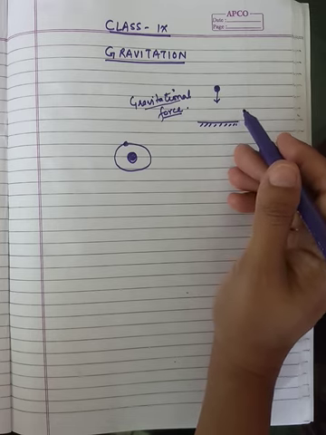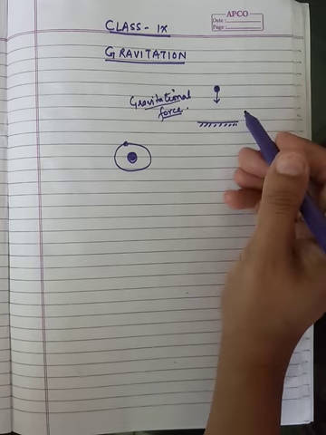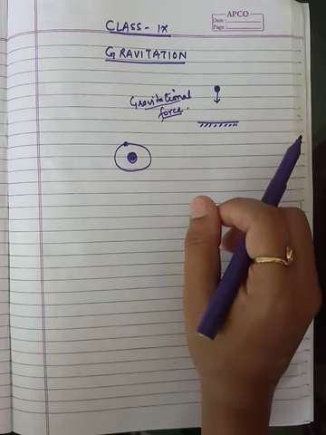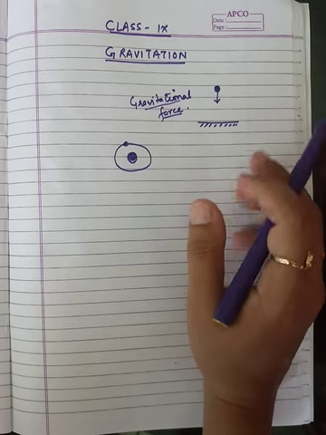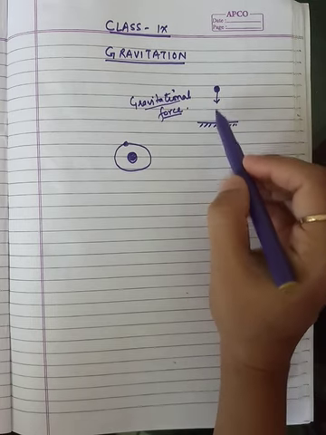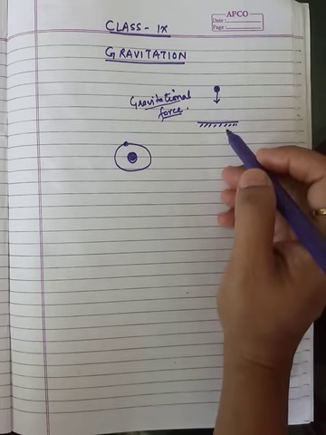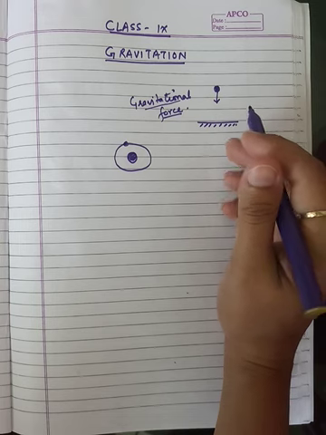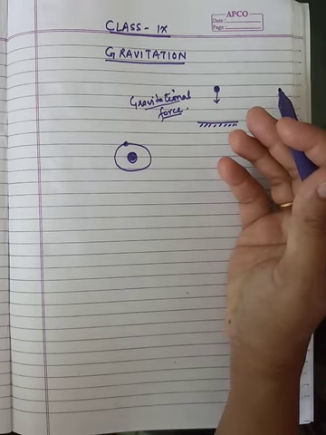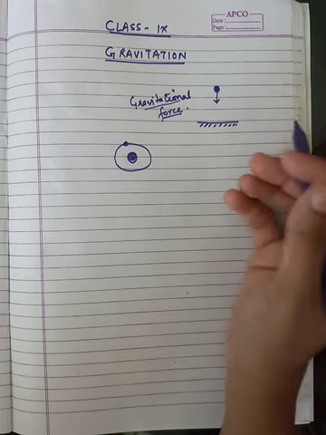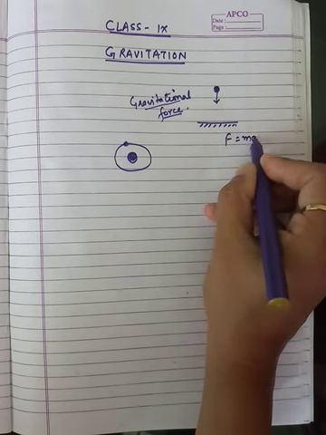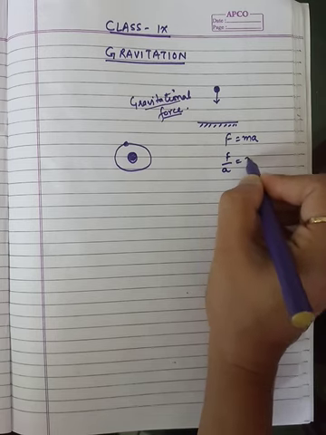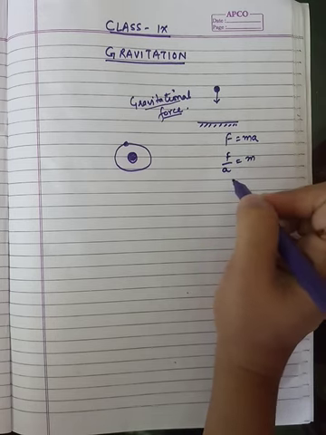This question comes when we consider the third law of motion, right? According to the third law of motion, if there is a force in this direction, there must be some force in this direction also, right? But according to the second law of motion, for a given force, F is equal to ma, so acceleration is F upon m, that means acceleration is inversely proportional to the mass of an object.